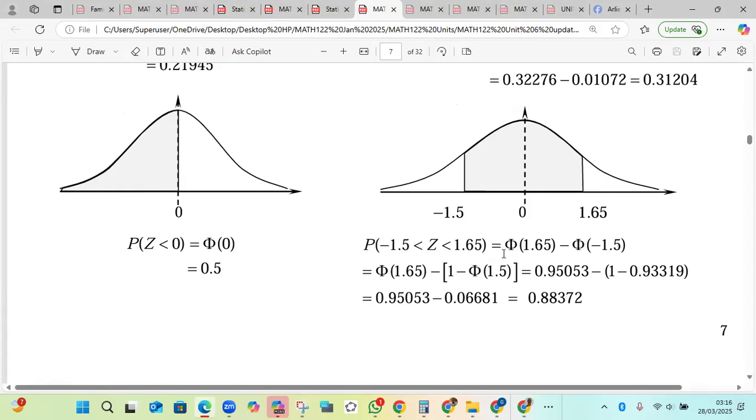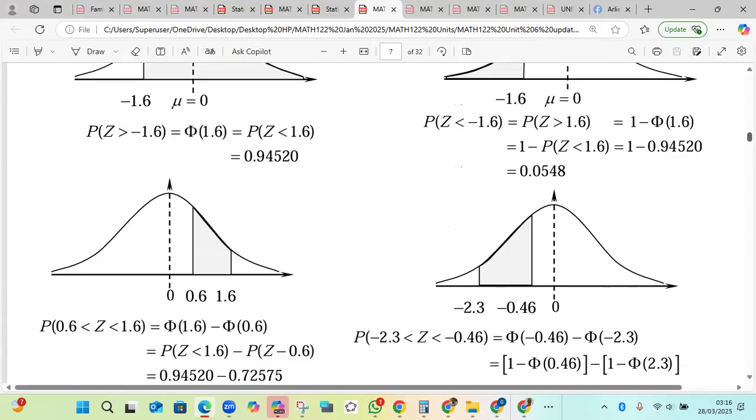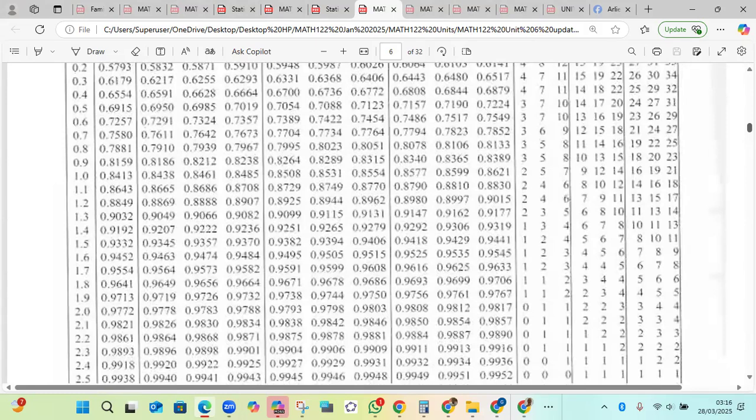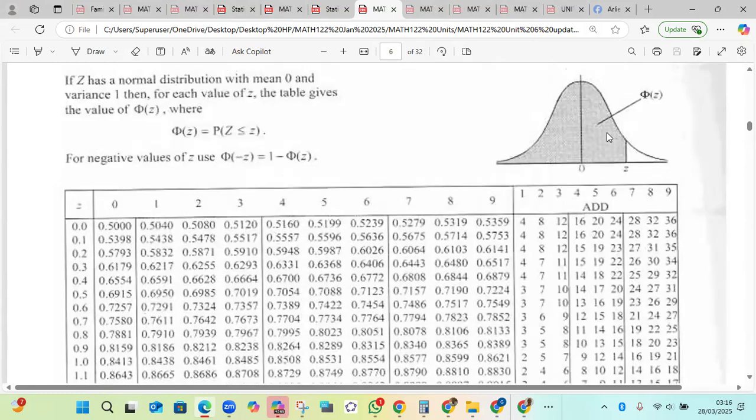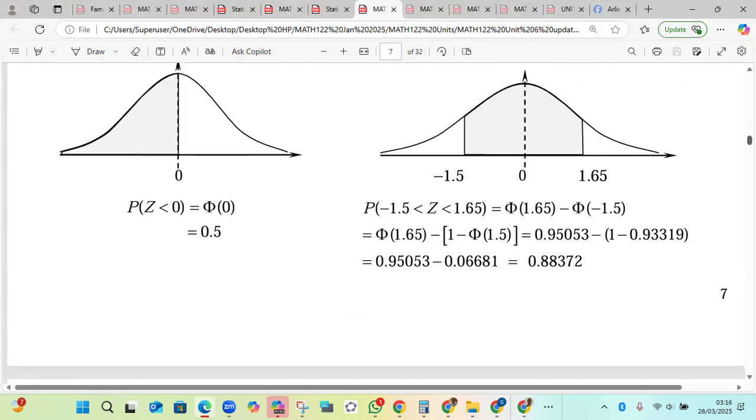One of the ways of doing that is by finding phi of 1.65, because we are limited to this table. That's the standard normal table that we are using, and it's calibrated for phi of positive z's. It only gives us big chunks, not tails. All right. So if we find phi of 1.65, and we find phi of negative 1.5, because we know phi is towards the left.